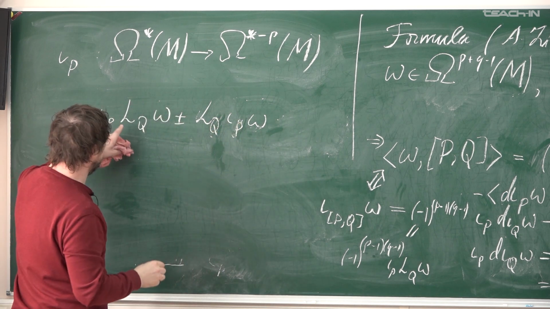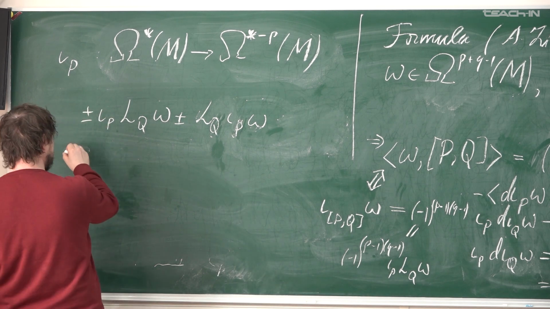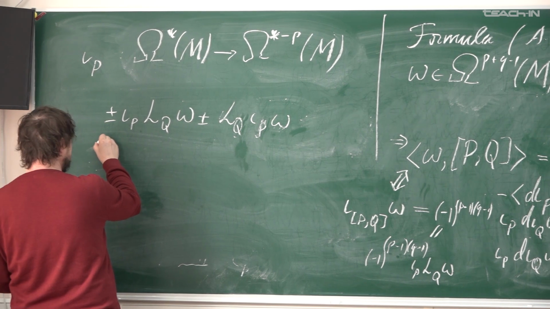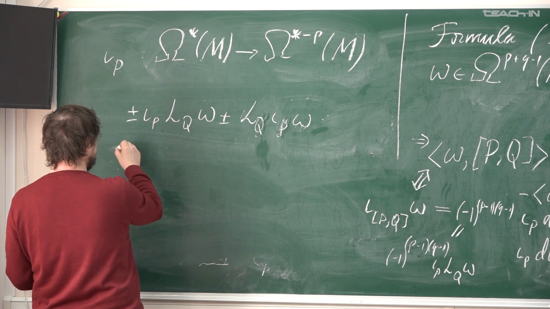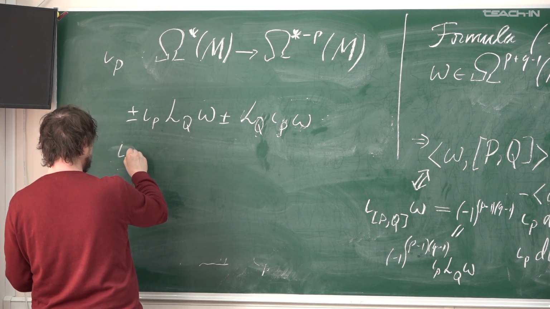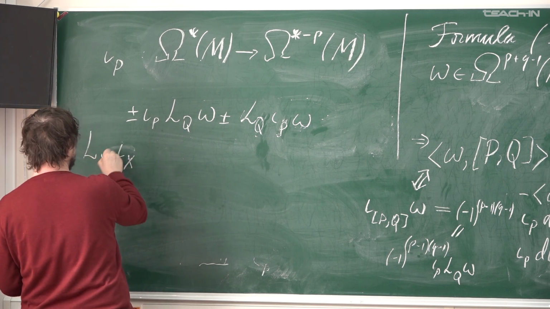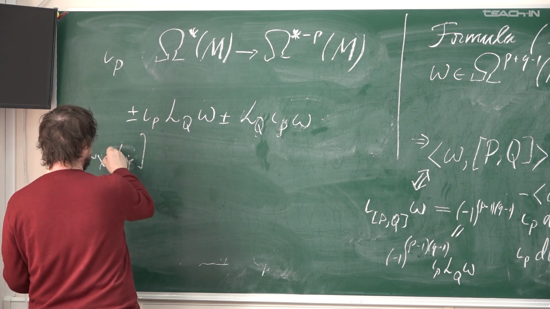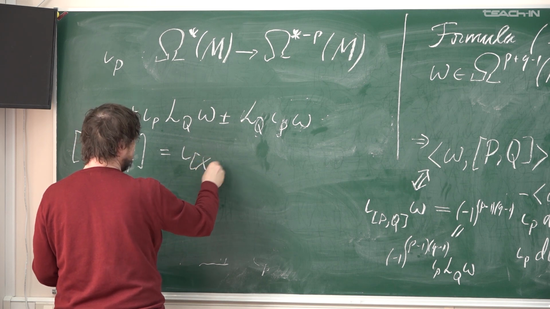So if everything is correct, we get something like this. And then we have the following equation, which is almost evident. Just like in the classical situation where we have just the vector fields, we take the commutator of I_X and L_Y, or vice versa. And what you get will be a contraction with respect to the commutator of X and Y.